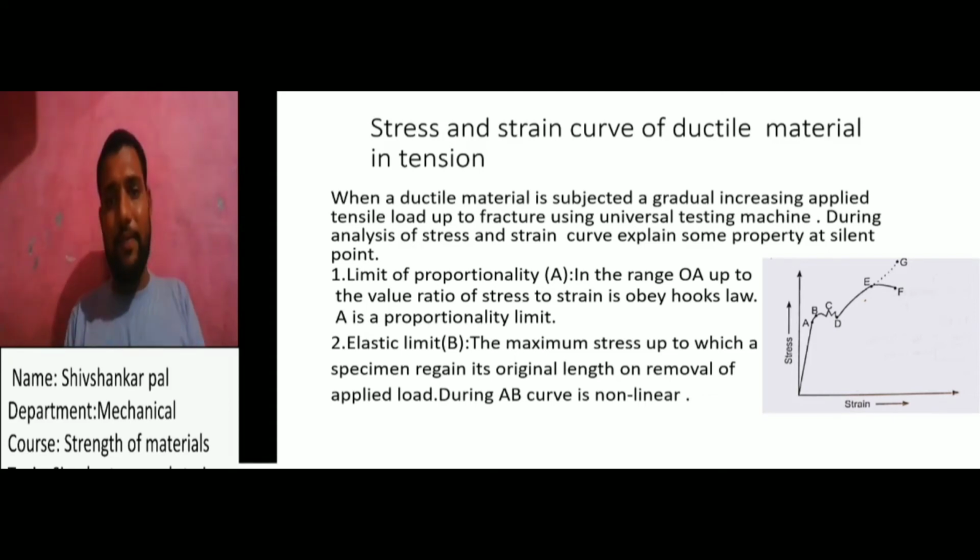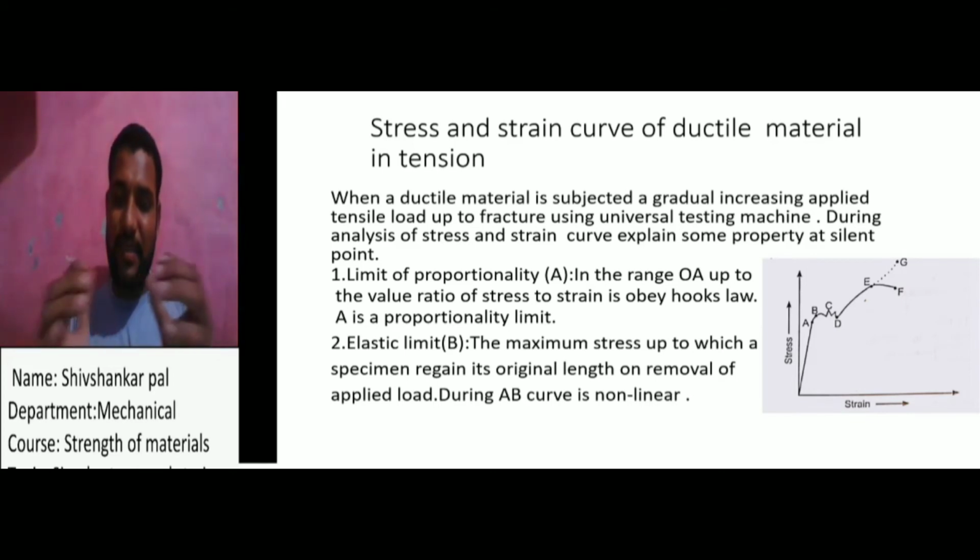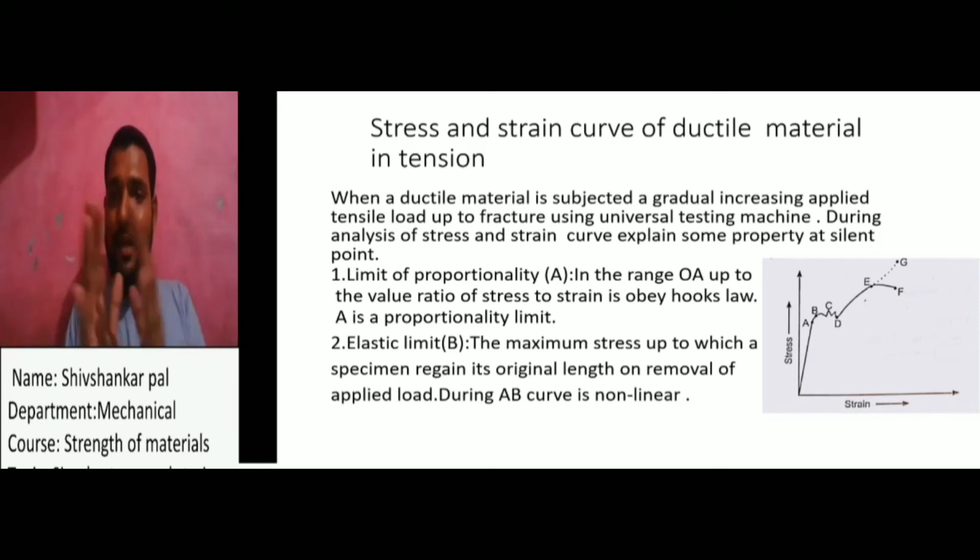In brittle material, there is no necking and no indication before failure, but in ductile material we see necking and some change in behavior before failure. So if any machine part fails, we replace that machine part. But in the case of brittle material, there is no indication, it will fail directly.